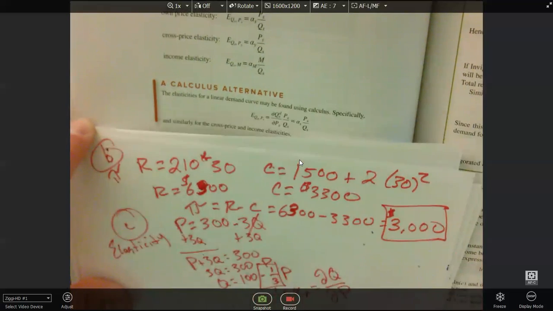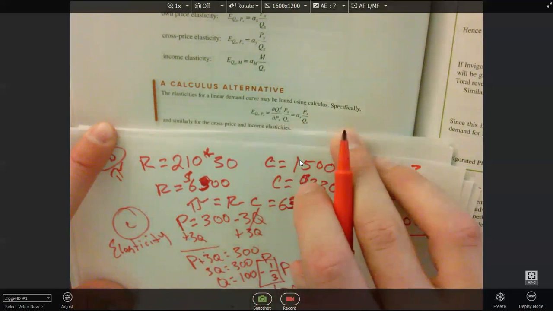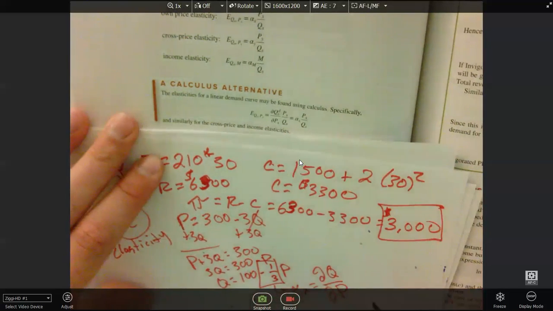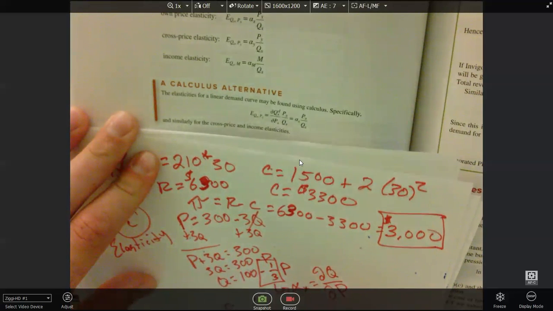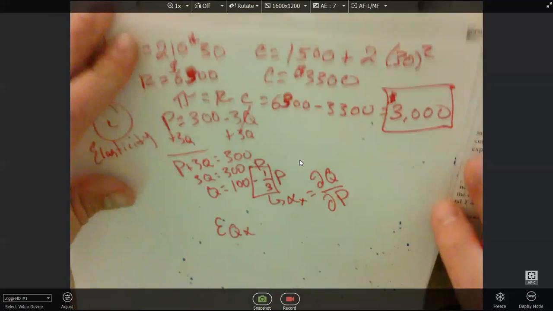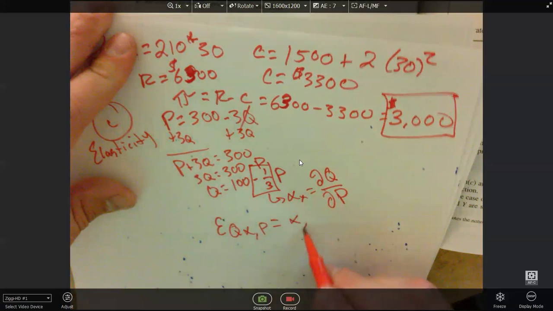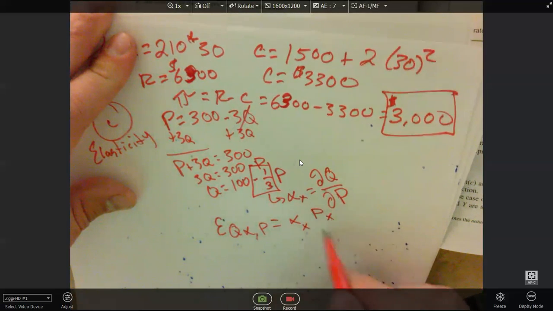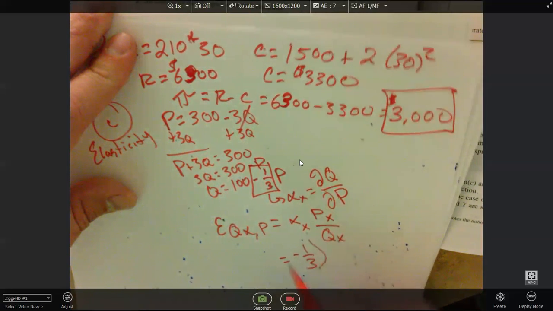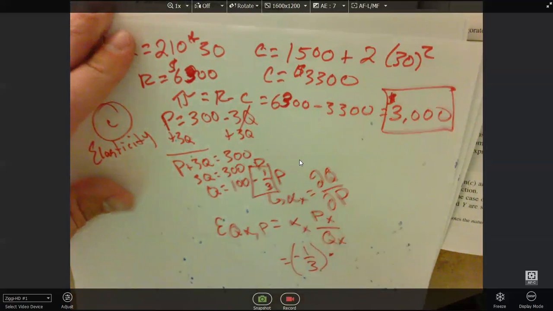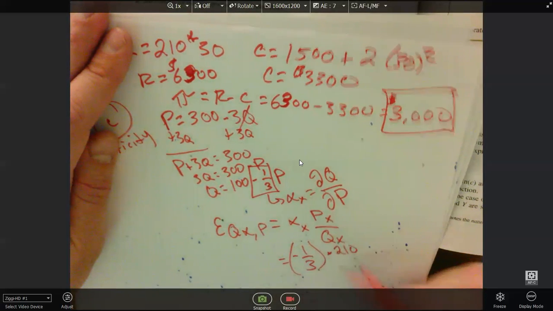And so to get our elasticity of a demand curve, we're going to use that, and multiply it by the price over quantity. So elasticity of Qx with respect to P is equal to alpha x times Px over Qx, which is negative 1/3. And then what's our price? Okay, it's 210. What's our quantity?